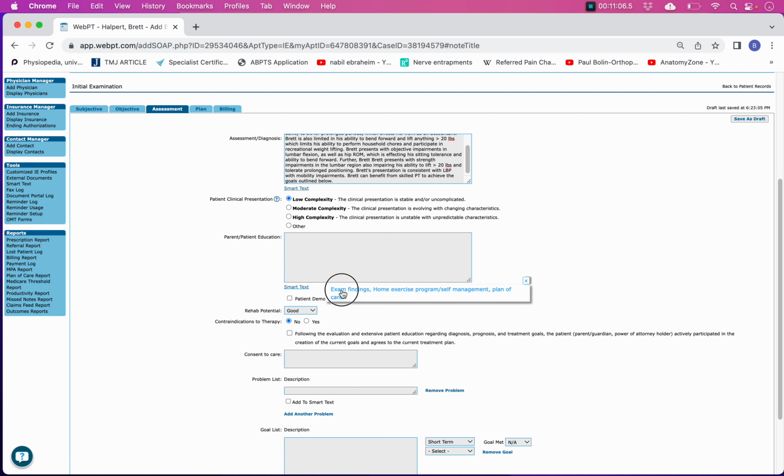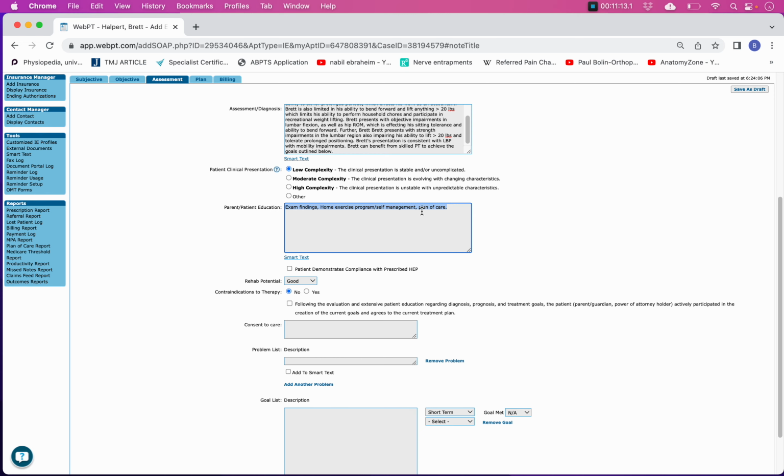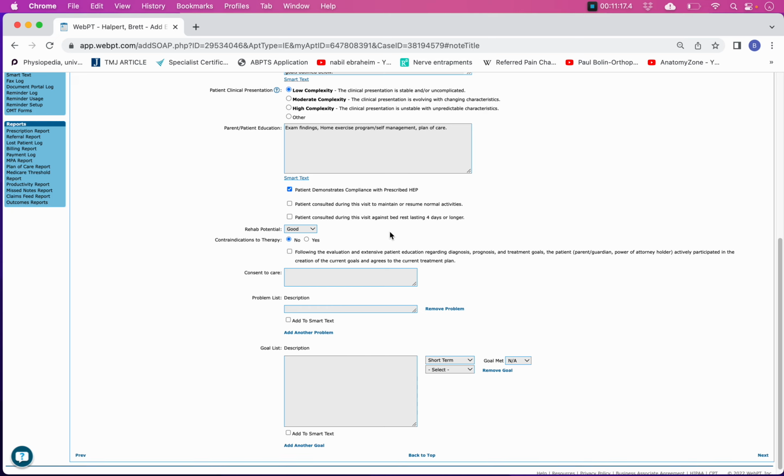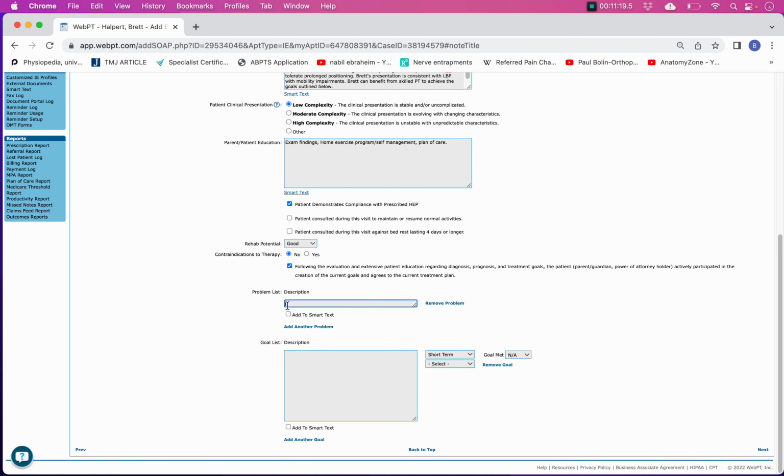And then I like to carry this over, but we just went over the exam findings with the patient, their home exercise program, self-management strategies, and the plan of care. They're going to be doing their home exercise program. And then under problem list, I just list their problems. So I start off with saying low back pain.